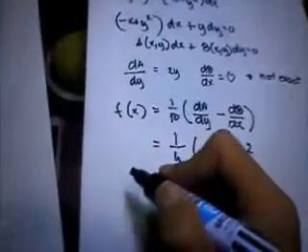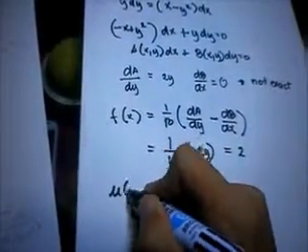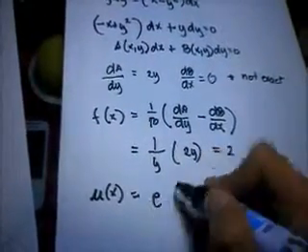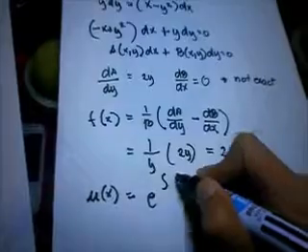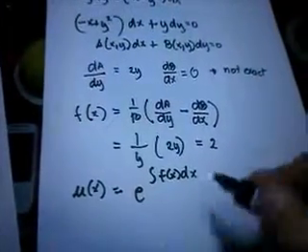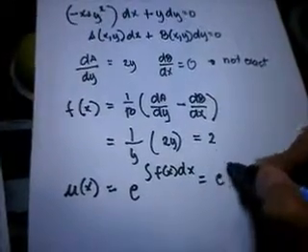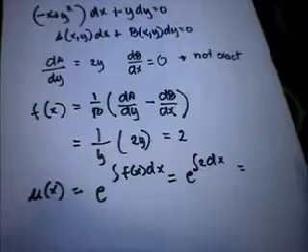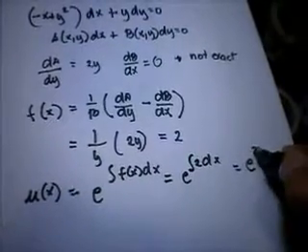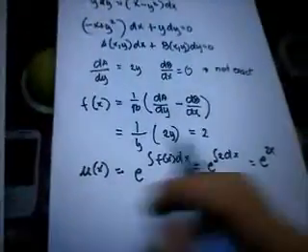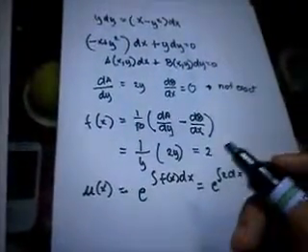Next we'll find mu of x, the formula for our integrating factor: e raised to the integral of f of x dx, and we get e to the integral of 2 dx, which is e to the 2x. So let's multiply this e to the 2x to our original equation.